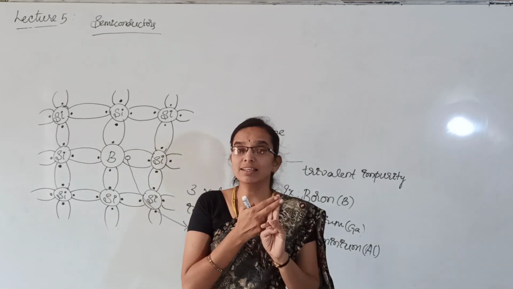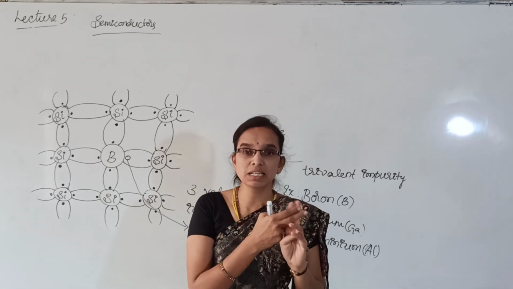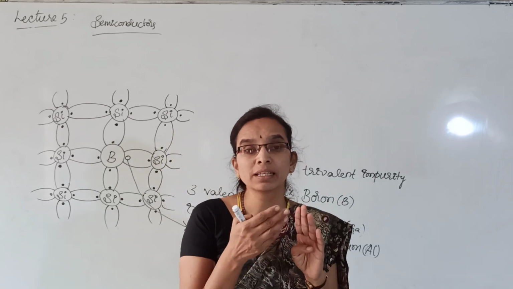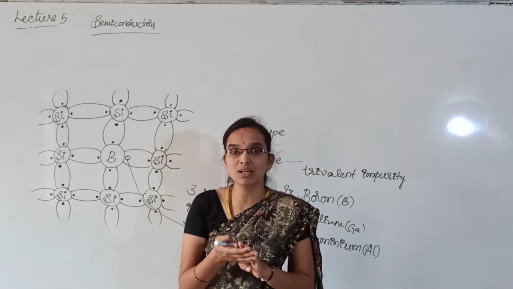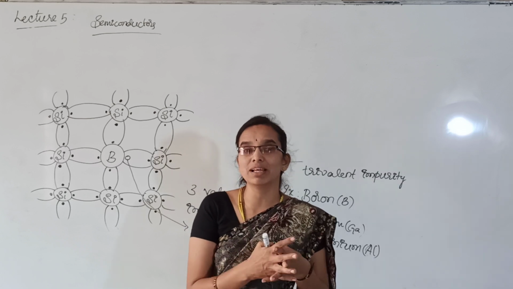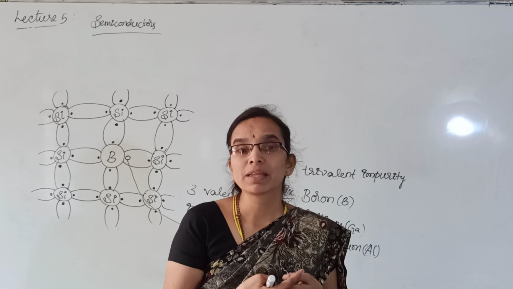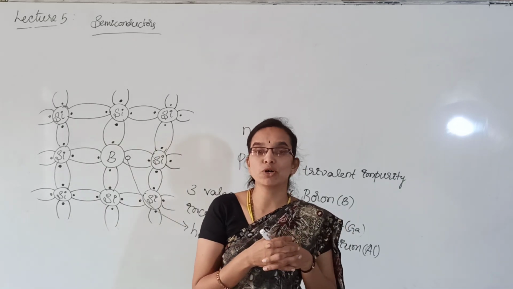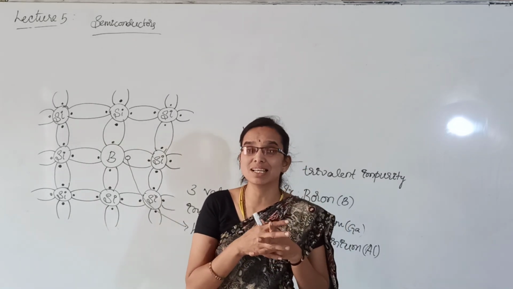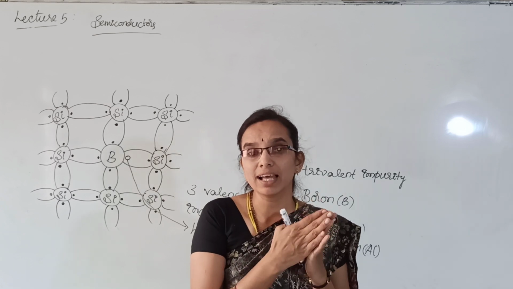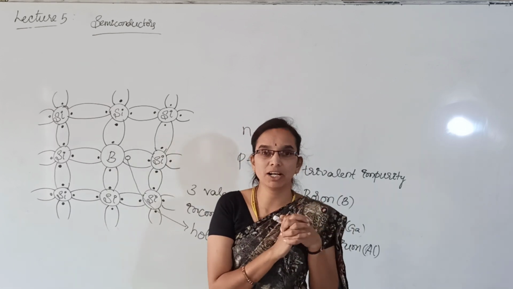So, another valence electron of silicon atom cannot make covalent bonding because there is a deficiency of electron. That deficiency of electron is nothing but hole. Hole is a positively charged particle because it is ready to attract or capture neighboring electrons.